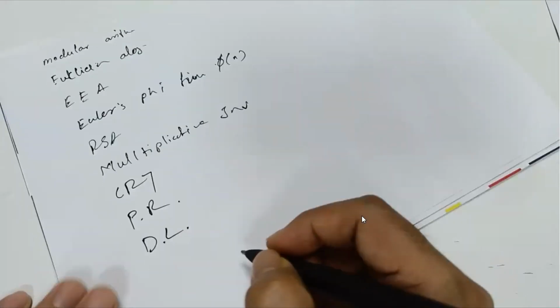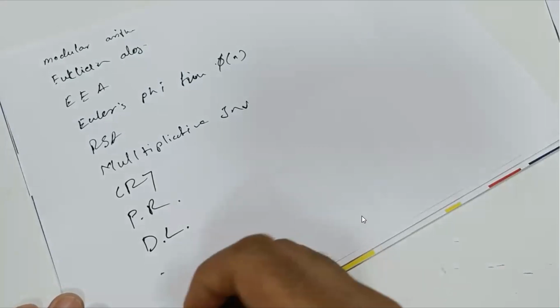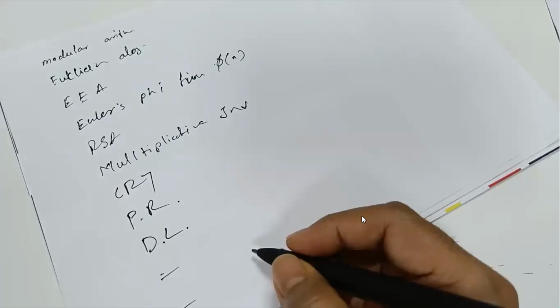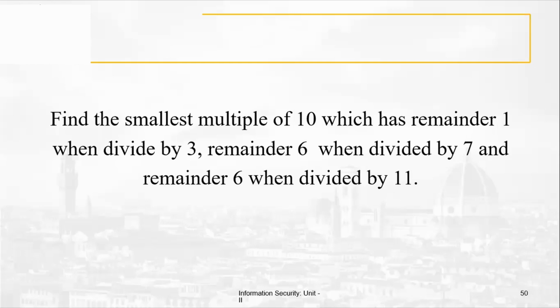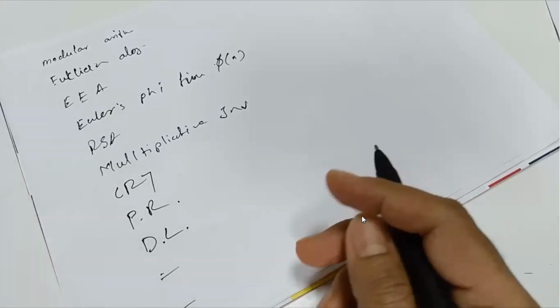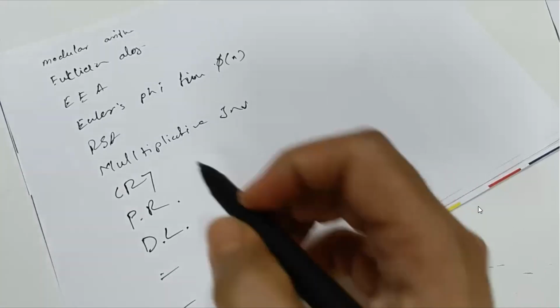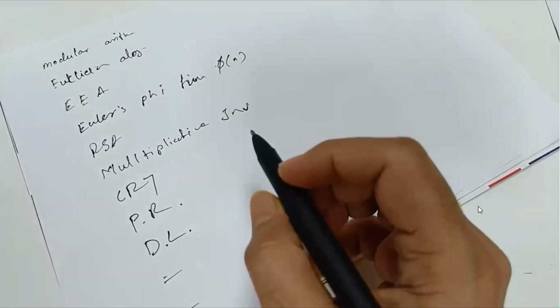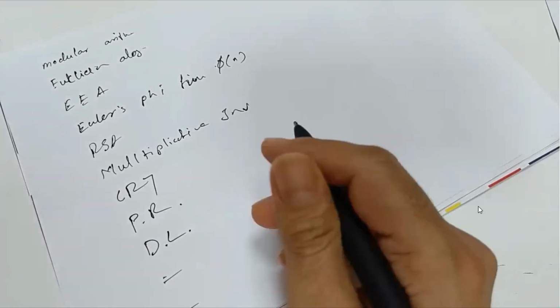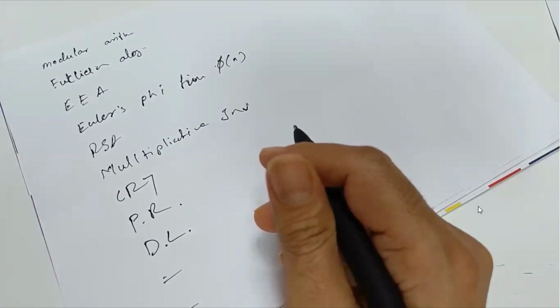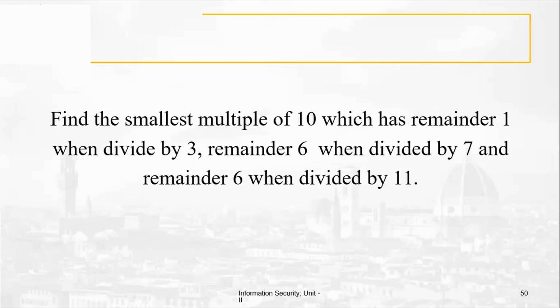Okay, there are a couple of more items in the maths which are pending. But to solve this example, what are the things you should know? Or what are the things you will use from the list? First, try to understand the problem.